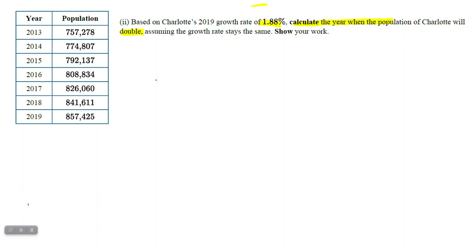Now, this should take you to the doubling time equation. So doubling time, which I am putting as dt, equals, and this you have to memorize because you're not going to be given this on the test, 70 divided by r, where r is your growth rate expressed as a percent.